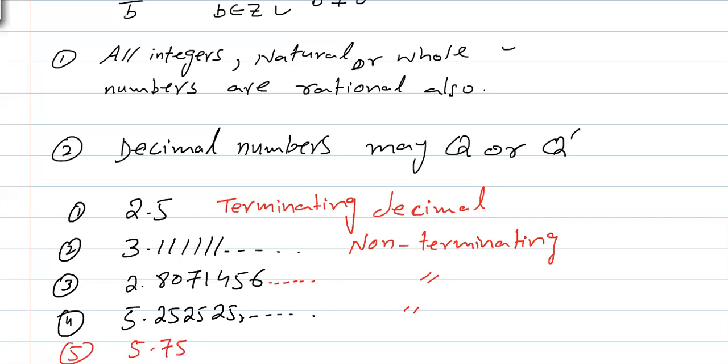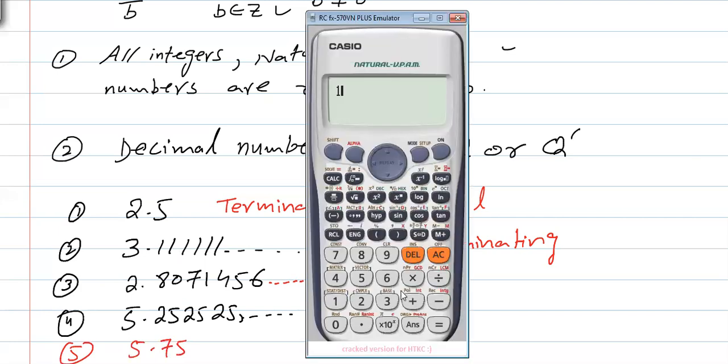Or most probably, sometimes with your calculator, when you take any value, for example 1 divided by 3, your calculator is showing 0.3333. It doesn't mean it finished. It means it will never finish, because the calculator has certain limitations.